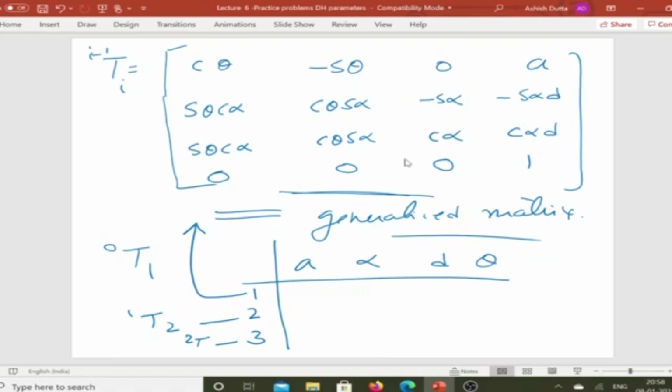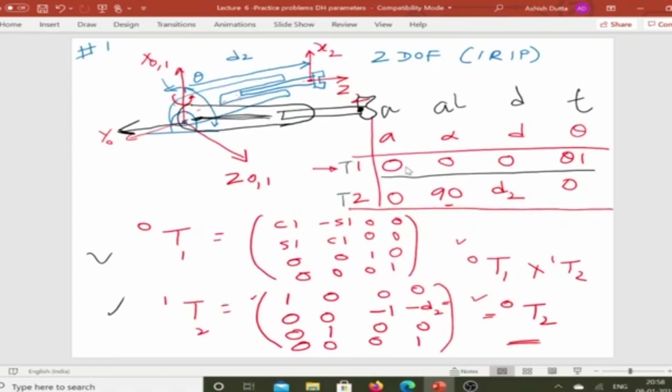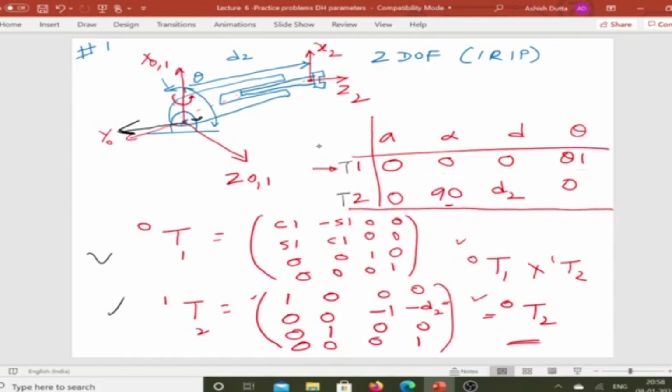Okay, so let's look at the problem. We'll see this problem. In this problem, you can see that there are 4 variables in the DH parameter table, which we had solved just some time back. Let's say I use the variable name t for theta, d remains as d, al for alpha, and a remains as a.